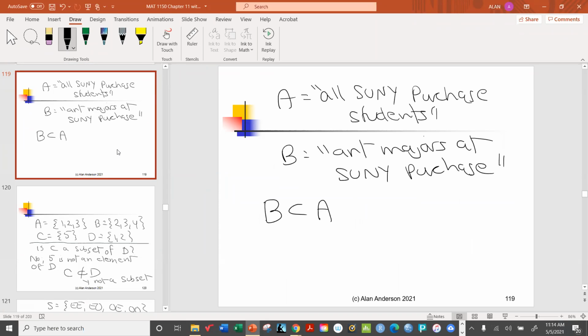Therefore, B is a subset of A because in order to be an art major at SUNY Purchase, you must also, of course, be a student at SUNY Purchase. Okay, that was just meant to be a quick real world example.